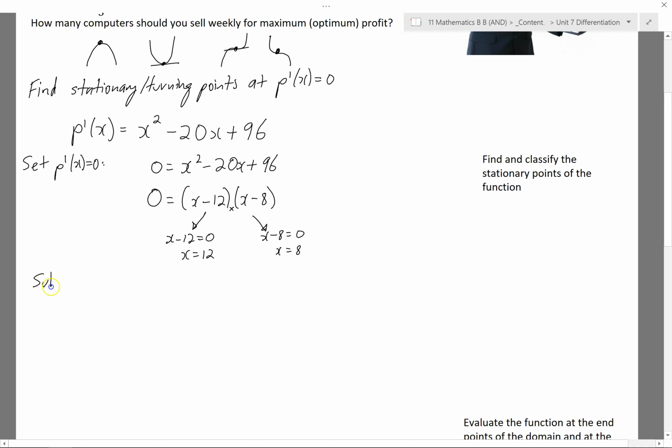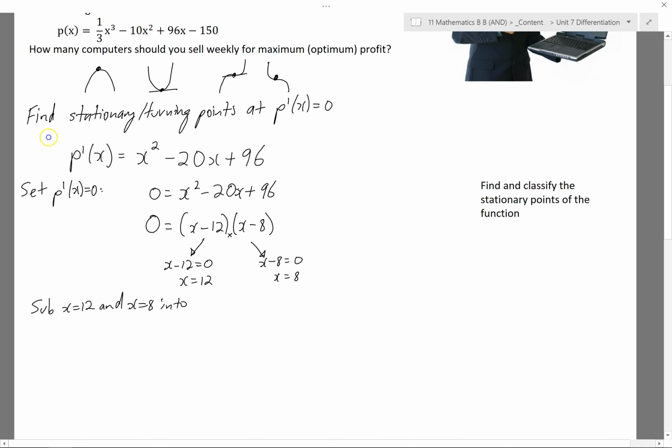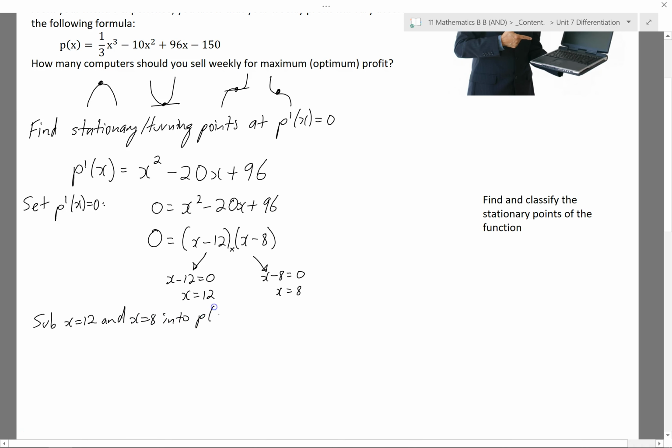So I'm going to sub x equals 12 and x equals 8 into my original formula, which is p of x is a third x cubed minus 10x squared plus 96x minus 150, to find the p coordinates.